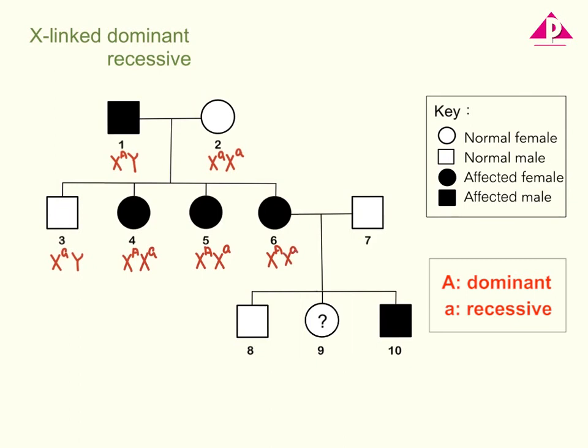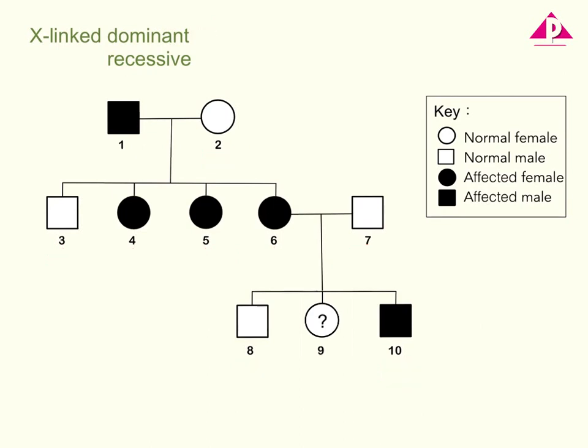The genotype of individual 7, a normal male, is X^a Y. Their children, individuals 8 and 10, are X^a Y and X^A Y respectively. All the expected genotypes satisfied the phenotypes. We can now confirm that the trait is an X-linked dominant trait.